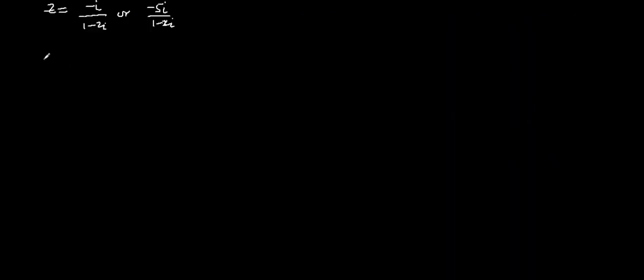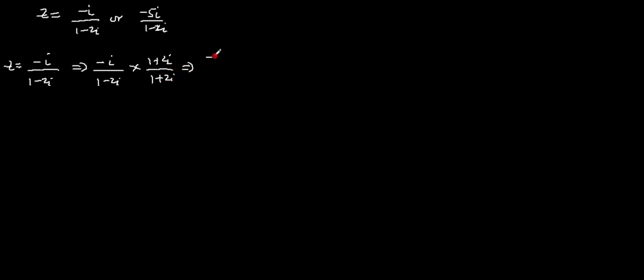So rationalizing the denominator now for the value of z equal to minus i over 1 minus 2i, this is going to be minus i divided by 1 minus 2i times 1 plus 2i divided by 1 plus 2i. So doing this now, we have minus i into 1 plus 2i divided by 1 squared minus 2i squared.